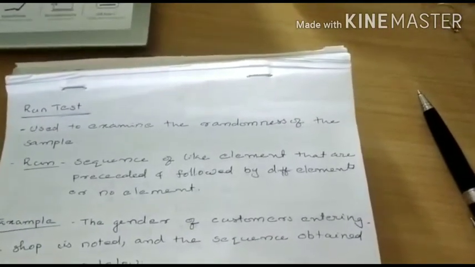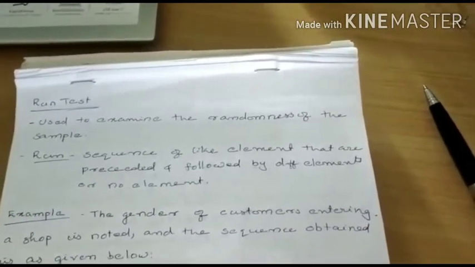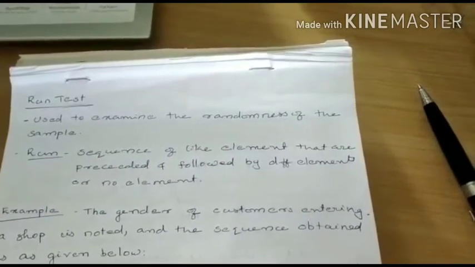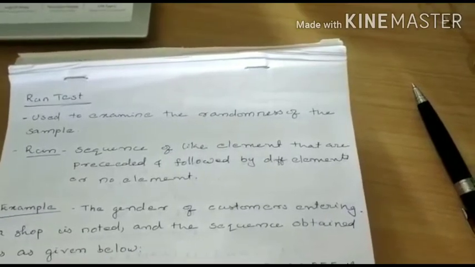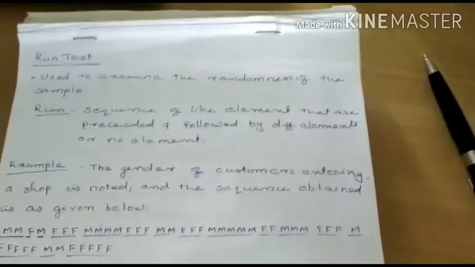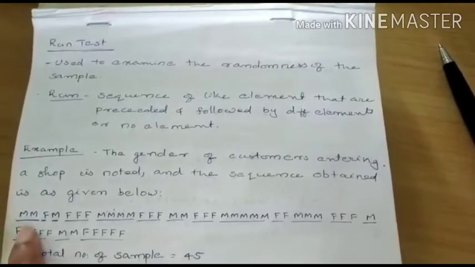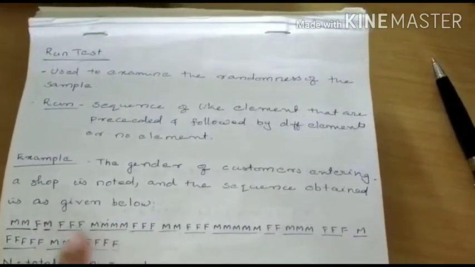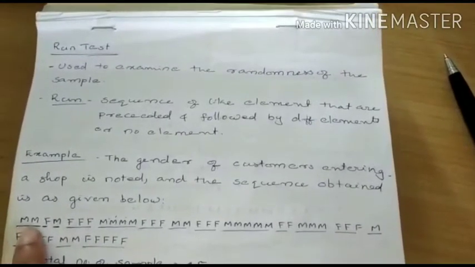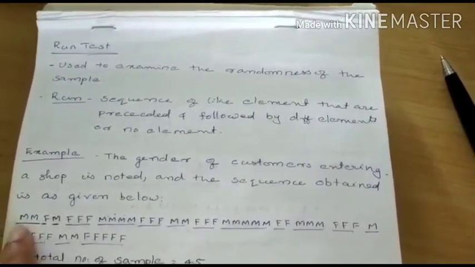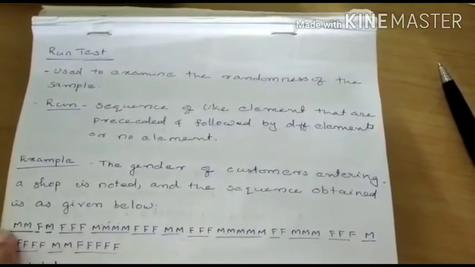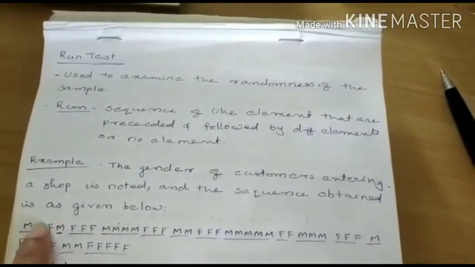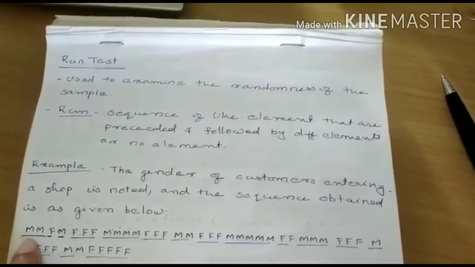So, the term run signifies a sequence of like elements that are preceded and followed by different elements or no element. For example, here these are different runs. You can see MM, that's a sequence preceded by no element, because this MM is the starting element.